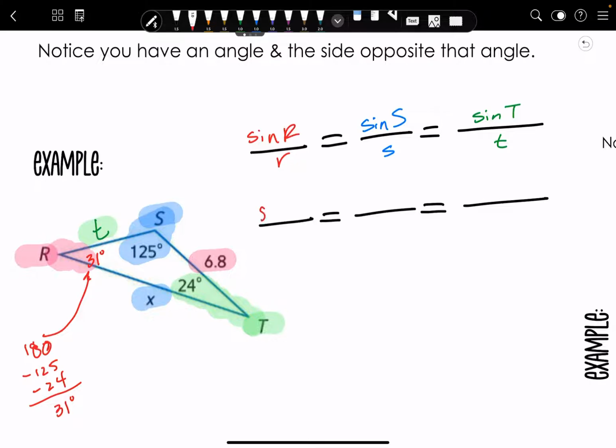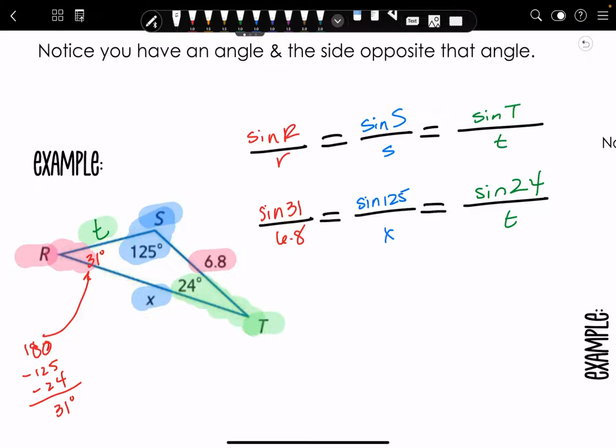We're going to have sine of 31 over 6.8, sine of 125 over x, and then sine of 24 over t, which we don't know. We haven't been given it.